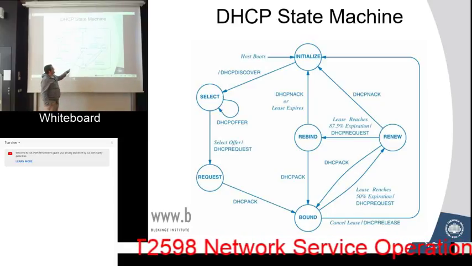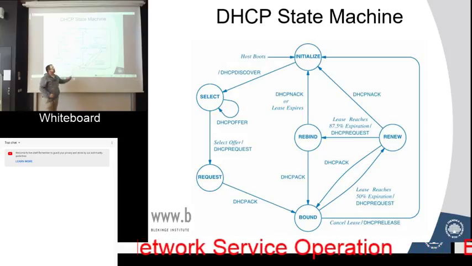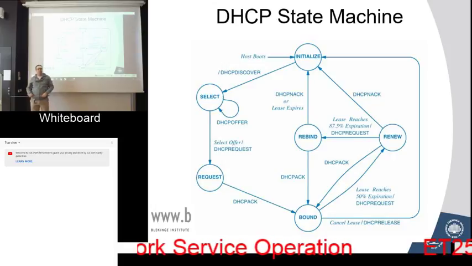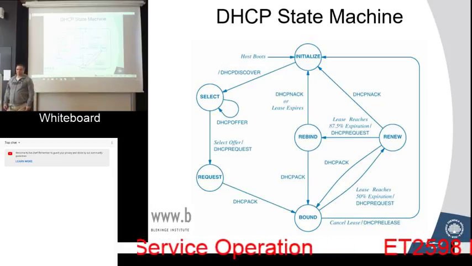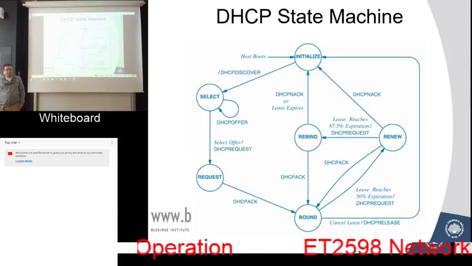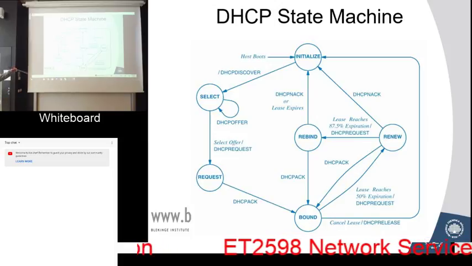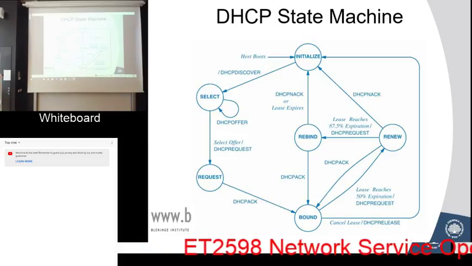Or if you're in this stage, you drop it up here. And then you go back to the initialization phase. Hey, please, I'm discovering an IP address. And then you go back to the normal phase. So these are the phases of the client.